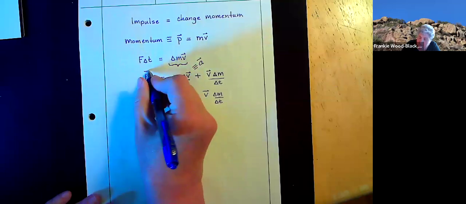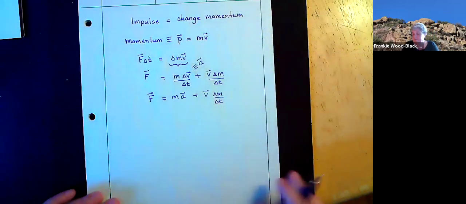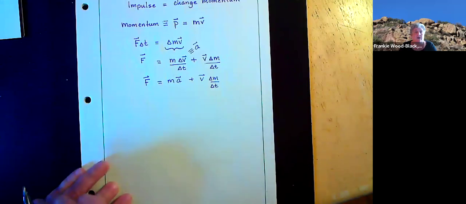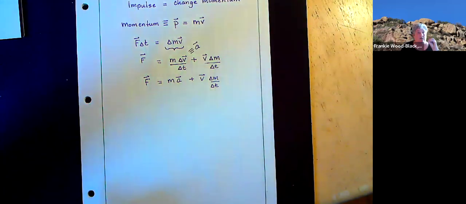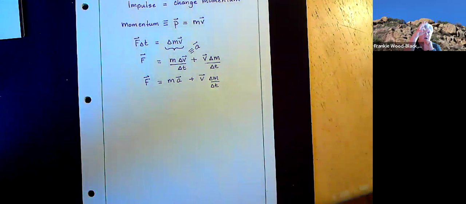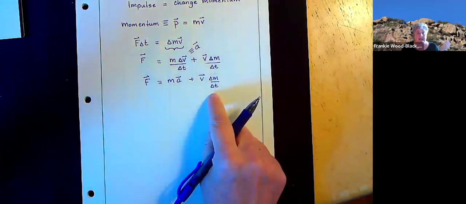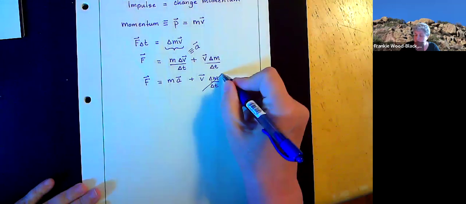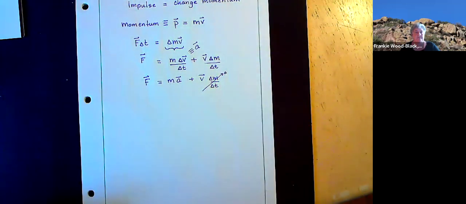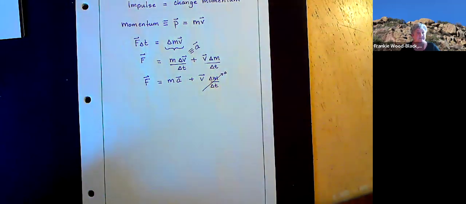And again, we're dealing with vector quantities here. So if I have a ball and I'm throwing it at the wall and it rebounds, I haven't changed the mass. So a change in mass over a change in time in that case is going to be zero.